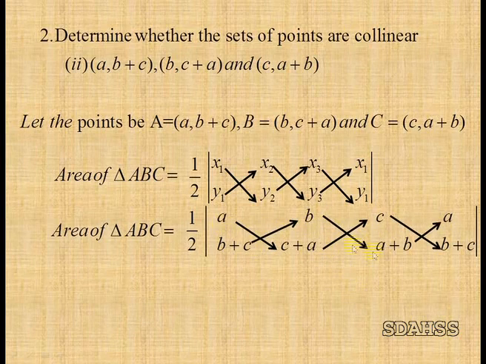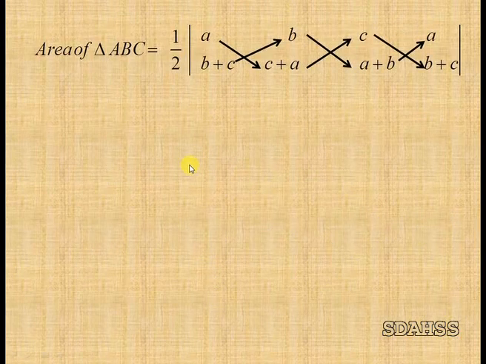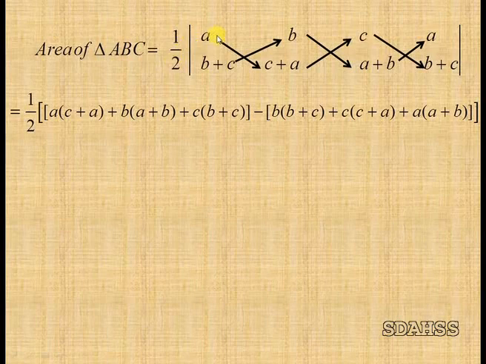Up to down, cross multiply like this direction. First this direction: half into a into c plus a, plus b into a plus b, plus c into a plus c into b plus c.